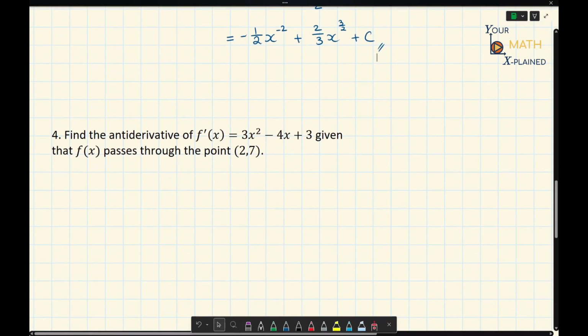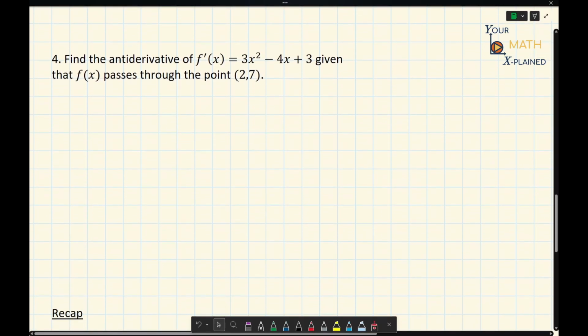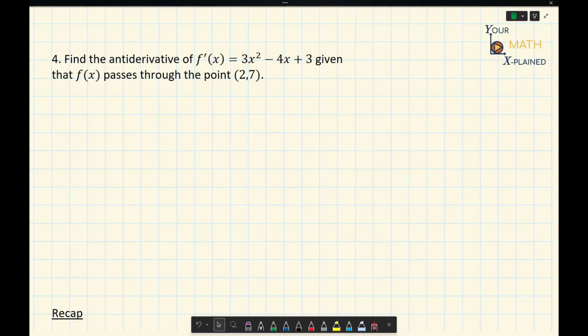Now for our last example, we want to find the antiderivative of this function here, but we're also given the additional piece of information that f of x passes through the point 2, 7. So we're going to start the same way. We start by finding the general antiderivative.